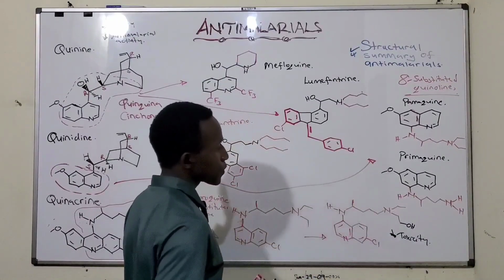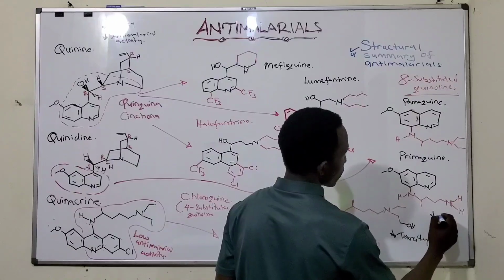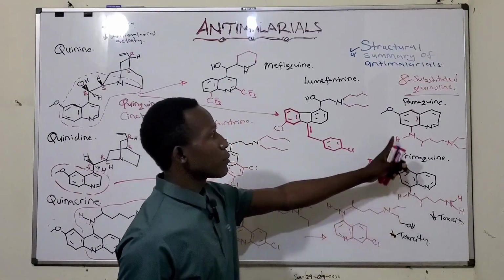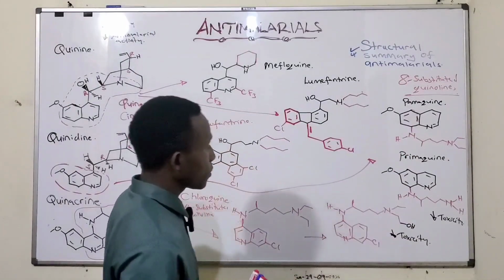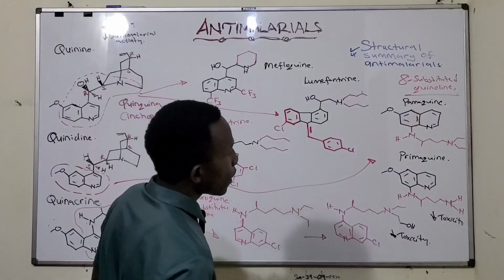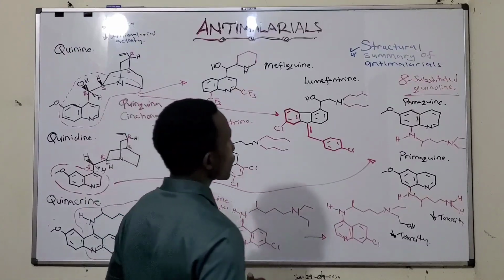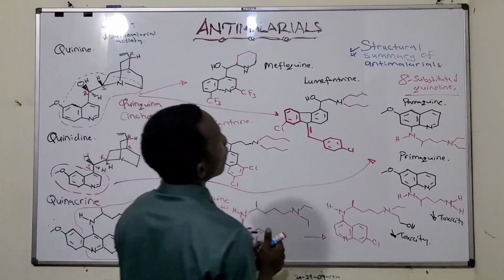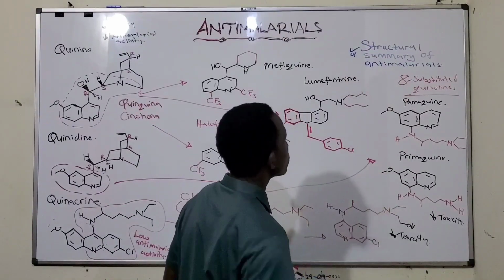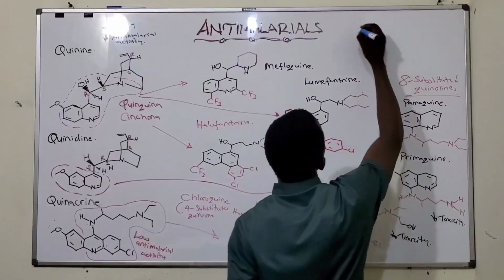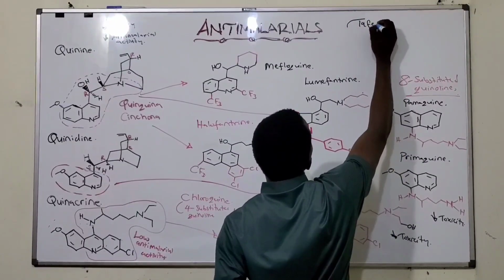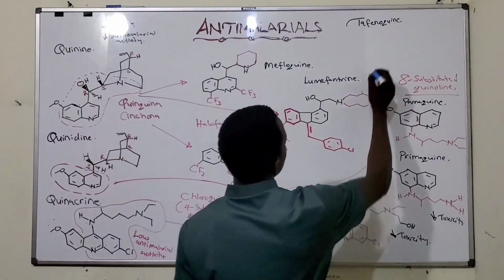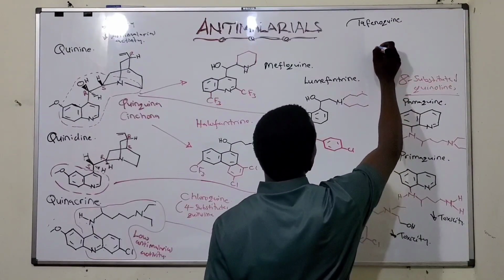That one reduced the toxicity. This one reduced the toxicity also. From the earlier compound, they produced primaquine. We have other drugs like tafenoquine. It's also 8 substituted. I think I should draw it here above. Yes, for tafenoquine, from primaquine, they synthesized tafenoquine.